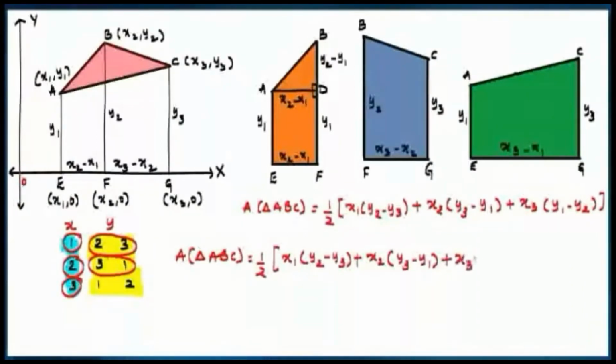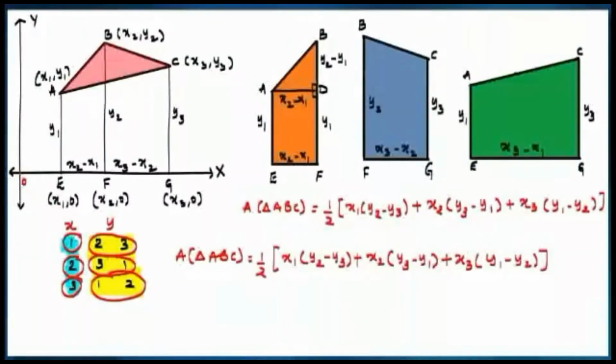Then look at the third one, that is x3, into y1 minus y2. Do you understand? It is a very simple way to remember the formula. So don't mug up, try to understand the concept. Let us see one example to solve this problem.